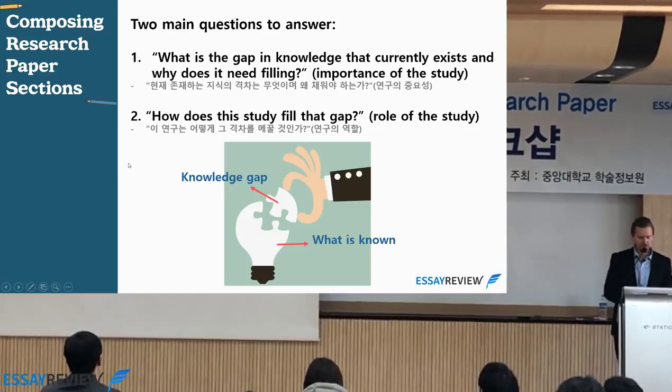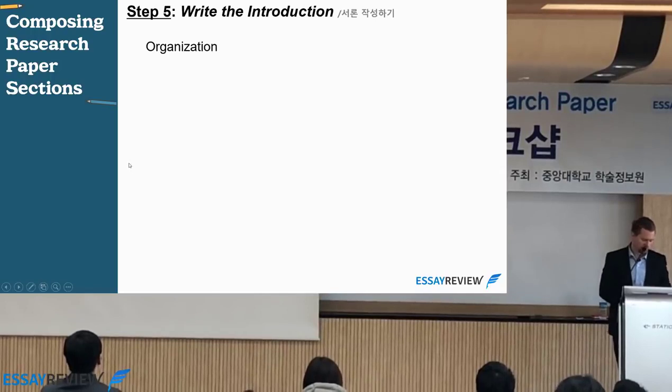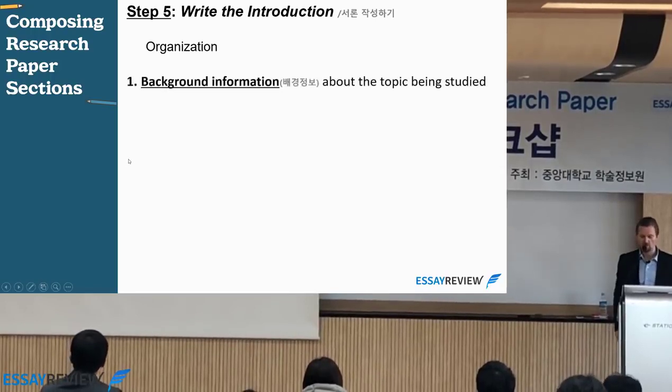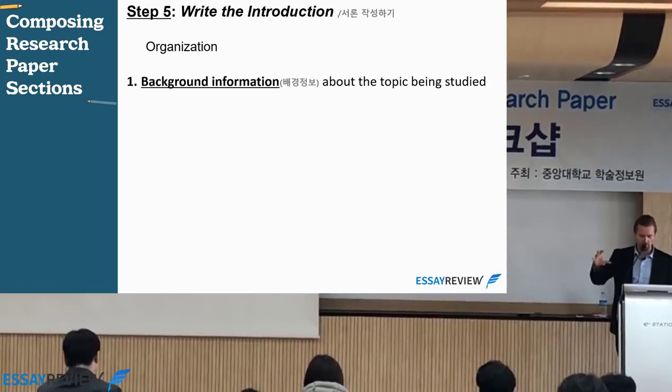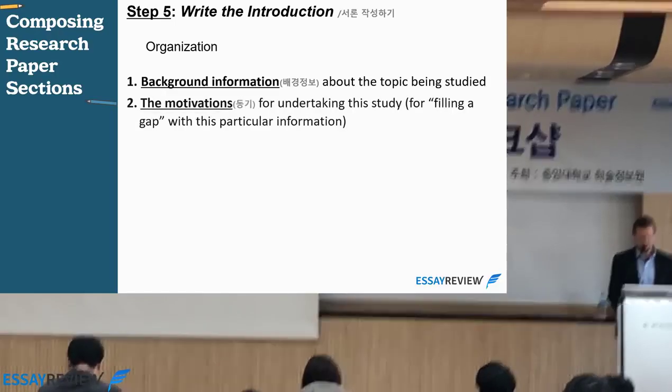So the introduction has many parts. I'd say it's the most complicated part of your paper, and that's maybe why you should write it last, so you don't miss anything. Start with the background information about the topic, which means you're going to talk about the problem. Next, talk about the motivations. Why did you do the study?